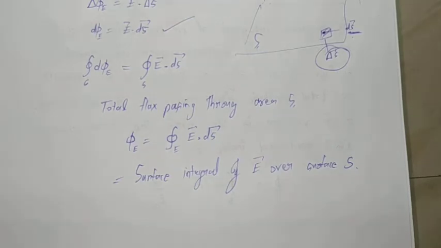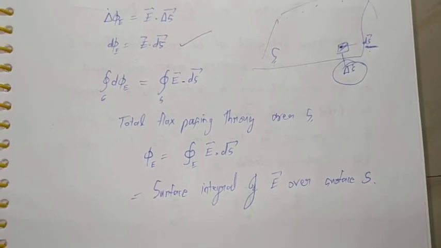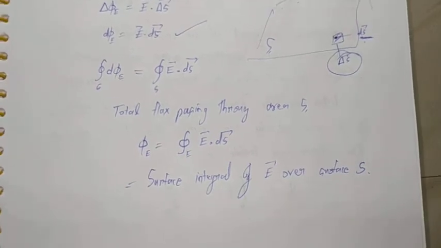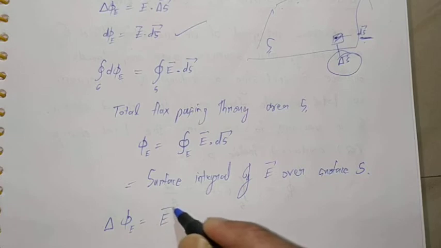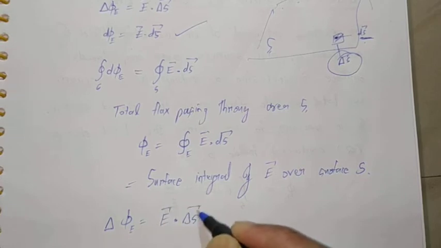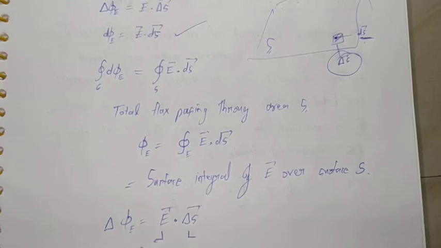So this was our electric flux. Electric flux is which kind of quantity, scalar or vector? We will see it. Phi E, the basic formula, delta phi E is equal to E dot delta S. This one is a vector, this one is a vector, but here it is a dot product. Dot product means scalar product.